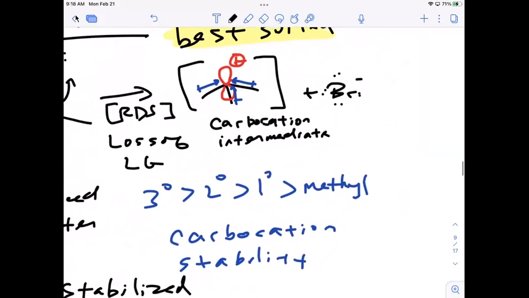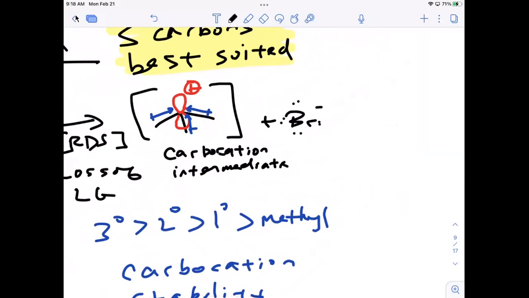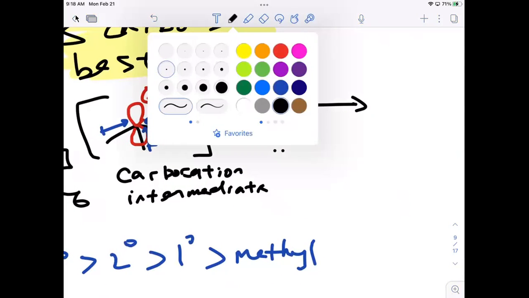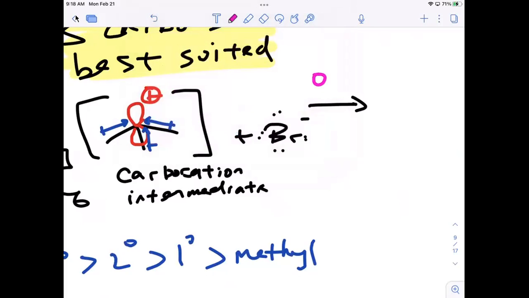So the first step is loss of leaving group, followed by nucleophilic attack. So we're just going to put the nucleophile over here. I'll make it a different color. And normally when you see these nucleophiles like this, even though it's written as an anion and it is an anion, it's never just by itself.